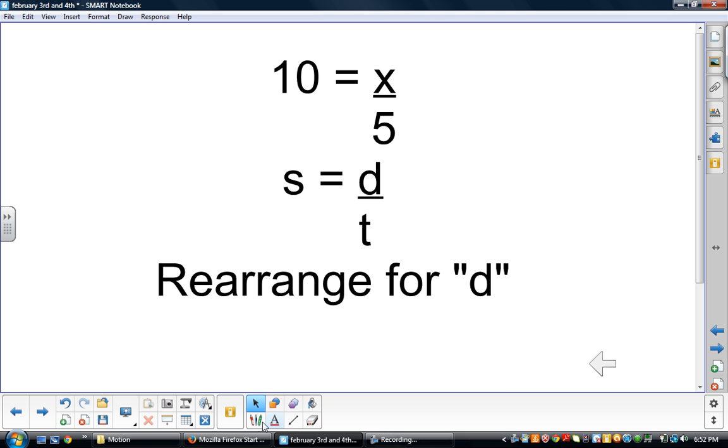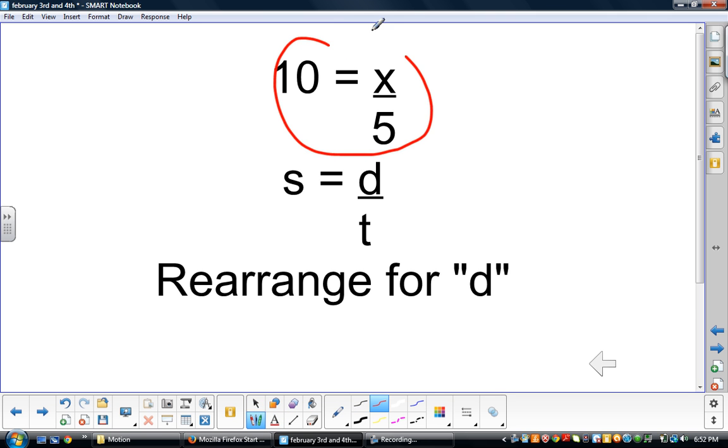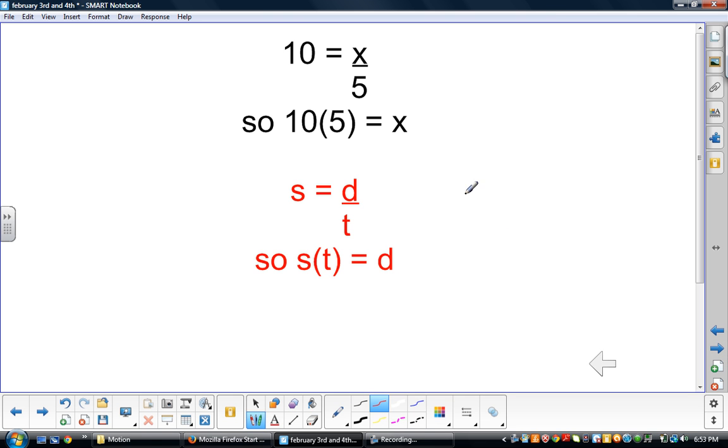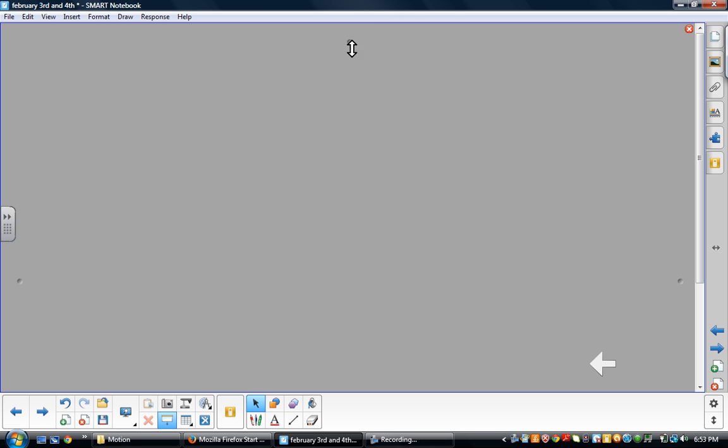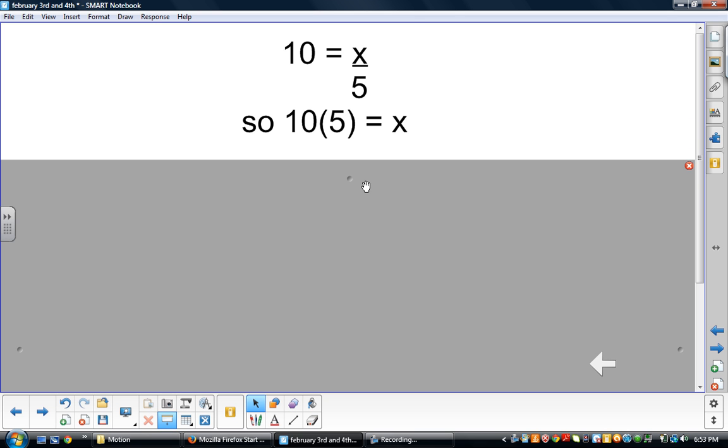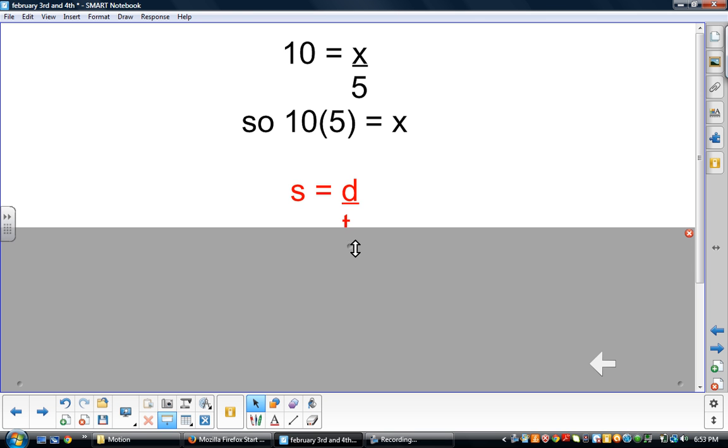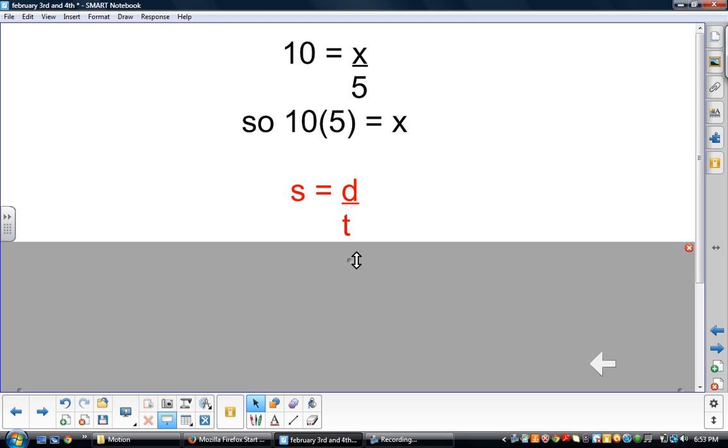However you solved this one, you're going to use the same problem solving strategy to solve this one to rearrange for distance. As a little refresher, 10 equals x over 5, multiply both sides by the 5, which is the denominator, and 10 times 5 is x. If we're working instead with speed equals distance over time, we do the same thing.